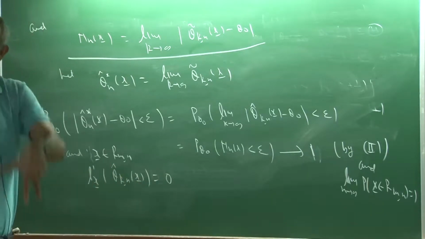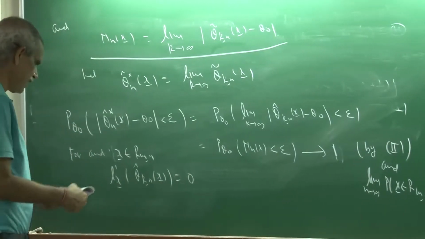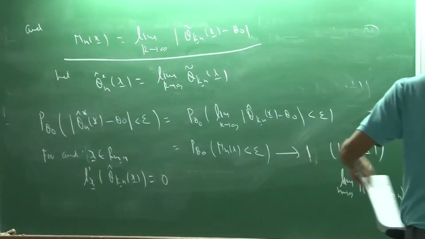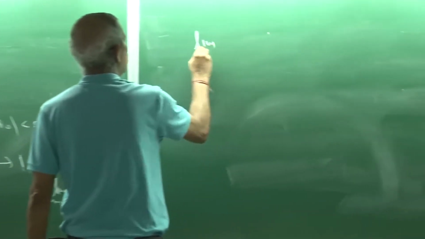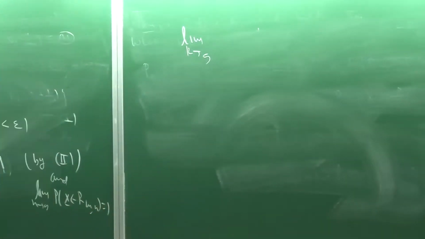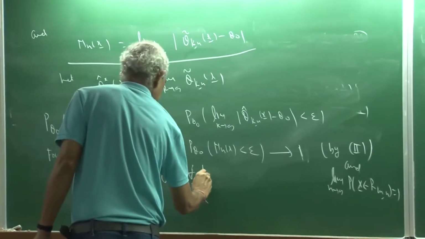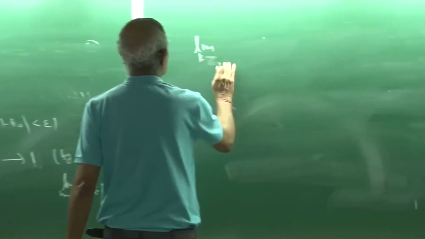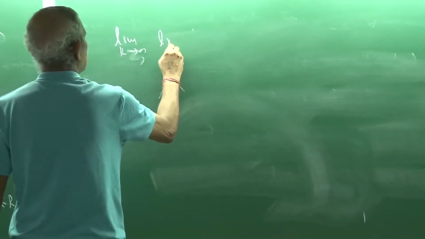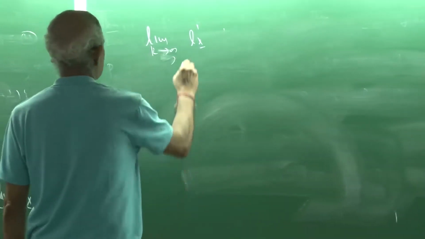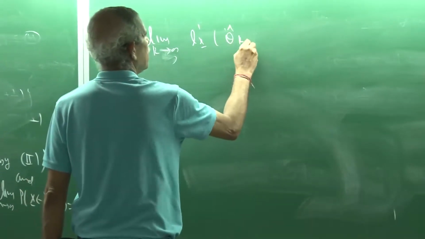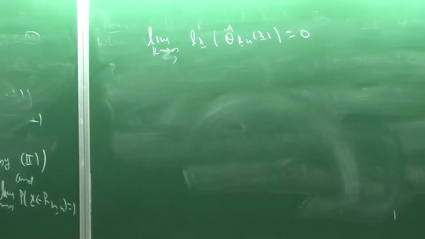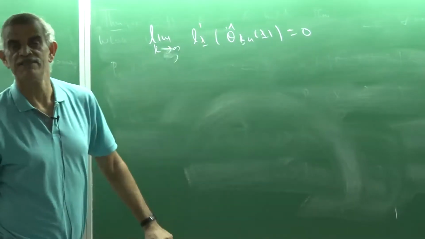These are the points of local maxima inside that interval theta naught minus 1 by m to theta naught plus 1 by m. So what does that mean? Because this happens for every k, limit k going to infinity of Lx prime theta hat kn x is 0. Now note that Lx prime is a derivative.